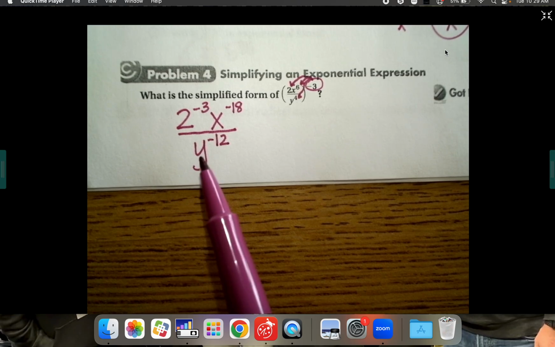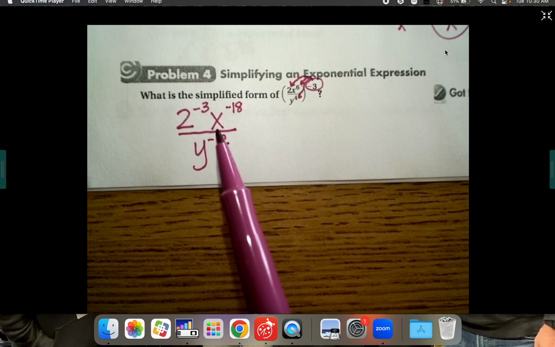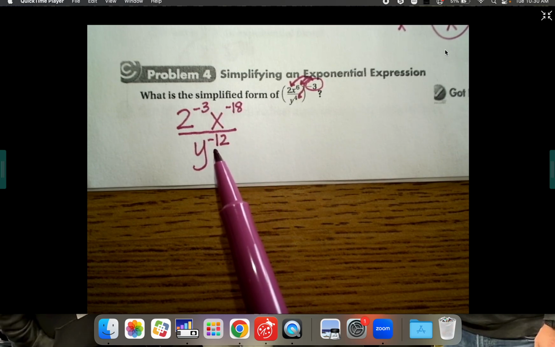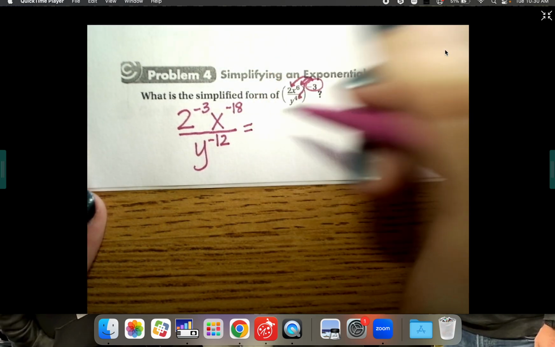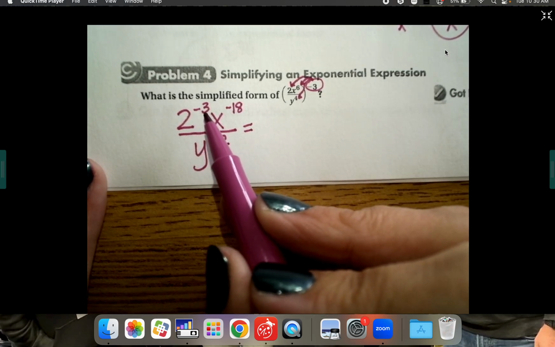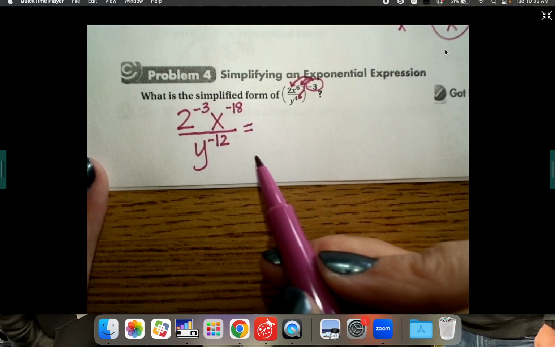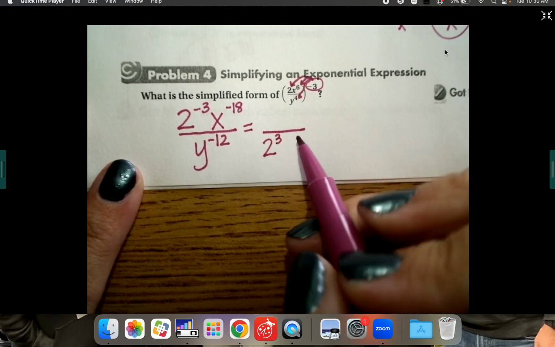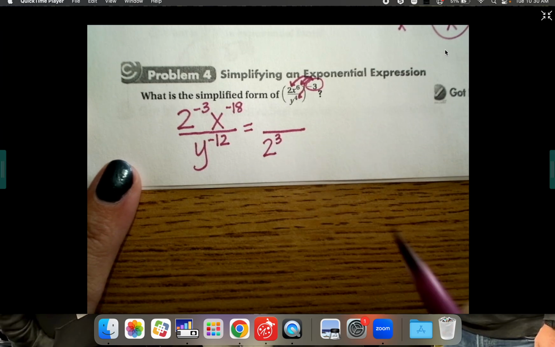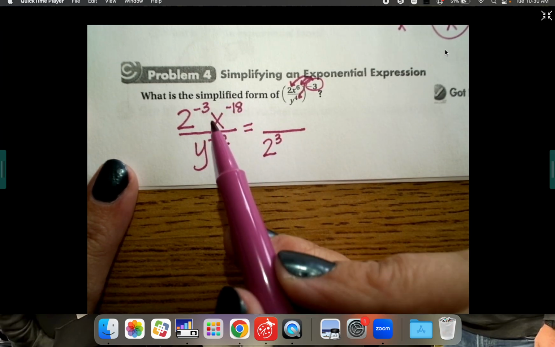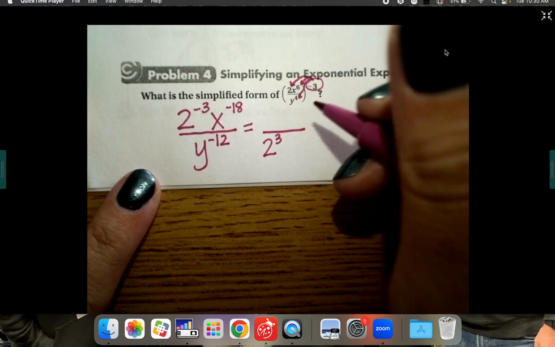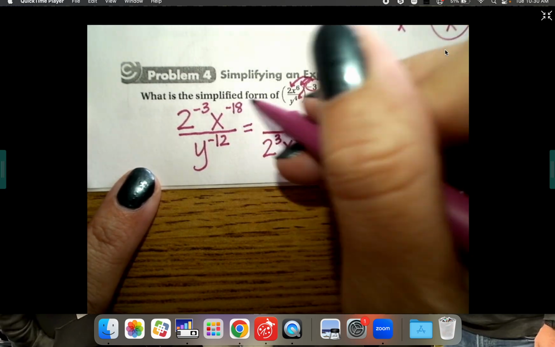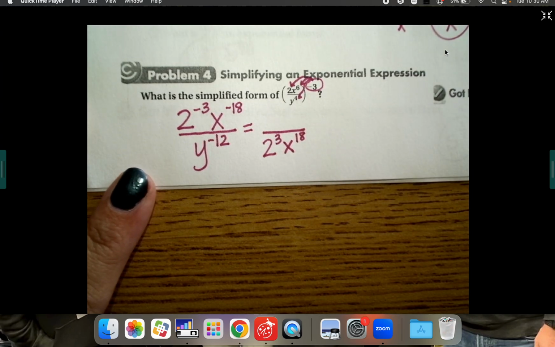Okay, let's look at this. There are issues with this one, and this one, and this one. So remember, you can't have negative exponents, so we're going to need to flip-flop these spots. 2 to the negative third is going to flip to the bottom, to the denominator, and become positive. Remember, once you flip it, it's no longer a negative 3, it's a positive 3. X to the negative 18th is also going to go downstairs, and I'm going to make it a positive 18 because once it flips spots, it becomes positive.